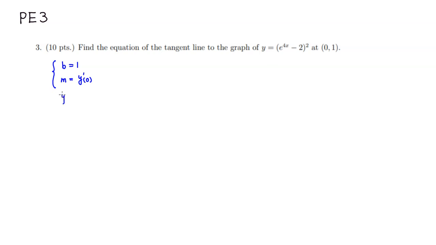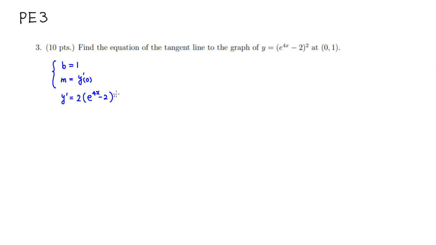So in order to find that, we need to find the derivative first. Let's take the derivative. y prime is equal to, you have a power rule here, so put 2 in front. Keep the inside function as it is, so you have e to the 4x minus 2. Then we subtract 1 from the power, so you get 1. I'm not going to write that because it's confusing.